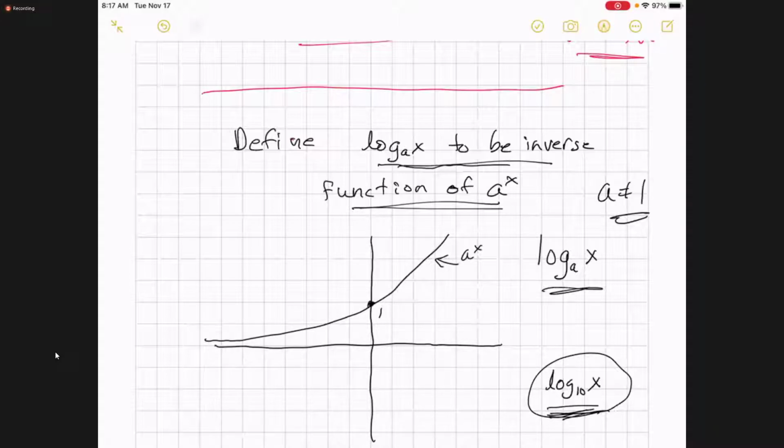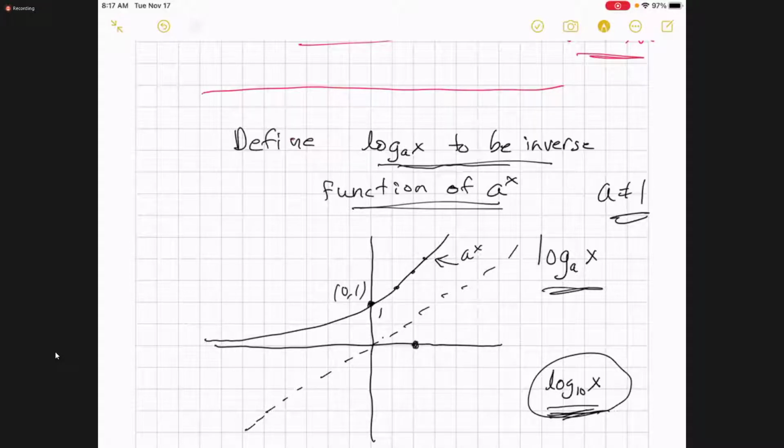So that's the inverse. The way you get it is by taking all the ordered pairs of points on the curve of a to the x and switching the order. In particular, (0, 1) is a point on the curve of a to the x.